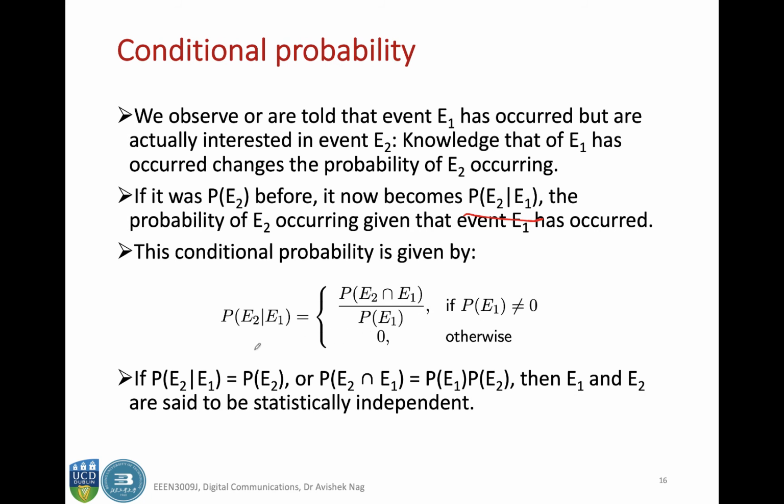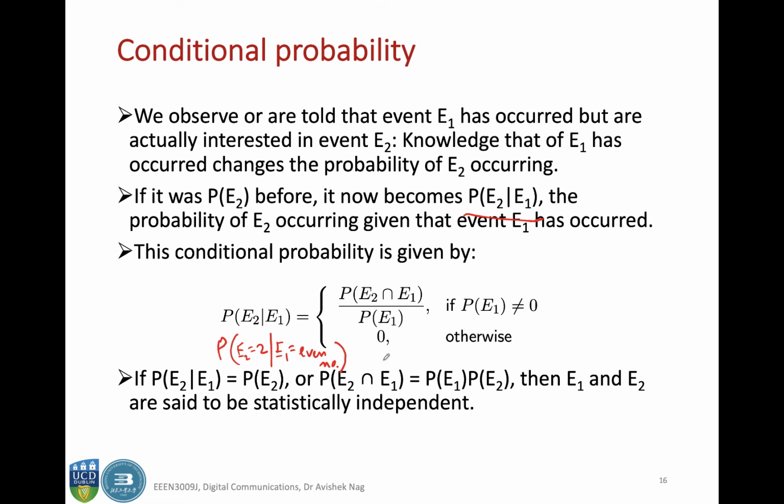So let's say E2 is the event of getting a 2, and let's say E1 is even number. So just trying to map the example with the theory.